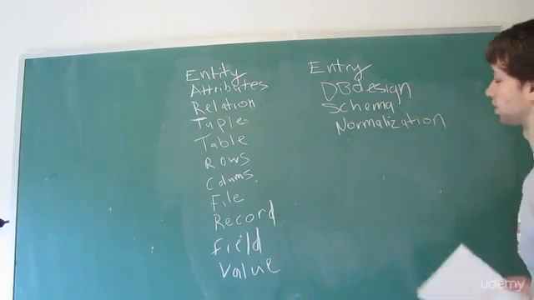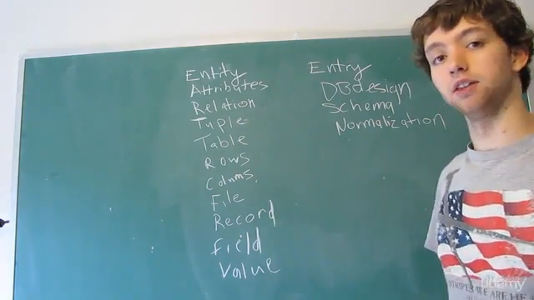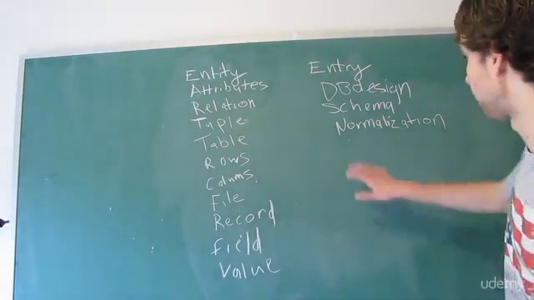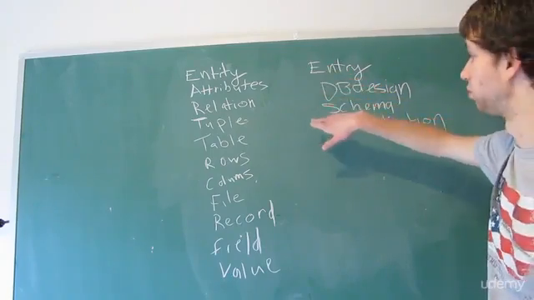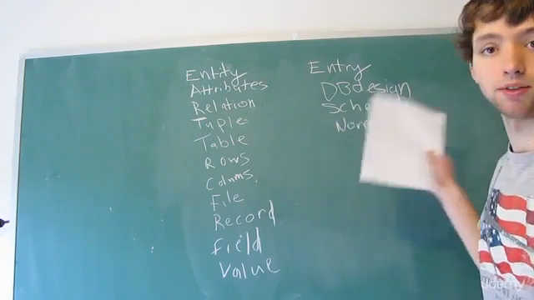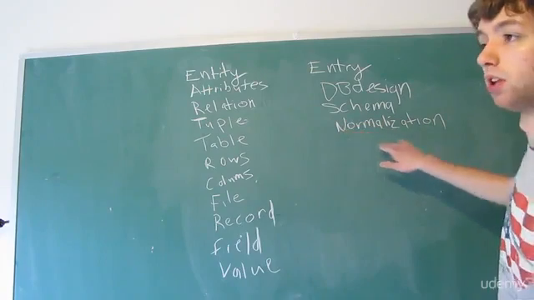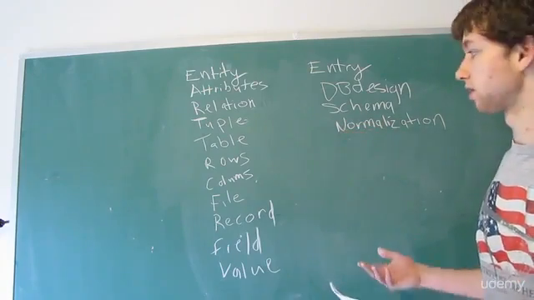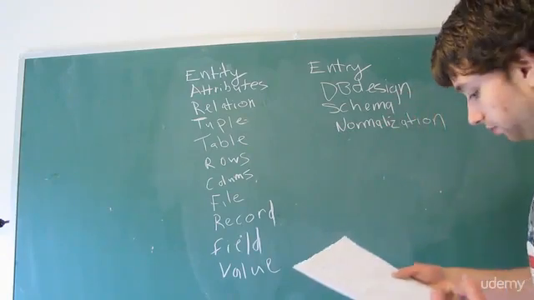Normalization is a bunch of steps that we follow to get the best database design, going through these normal forms. We'll talk about that more in an upcoming video, but the term normalization is the process of building the best database design.